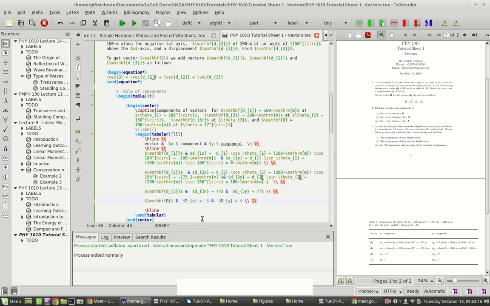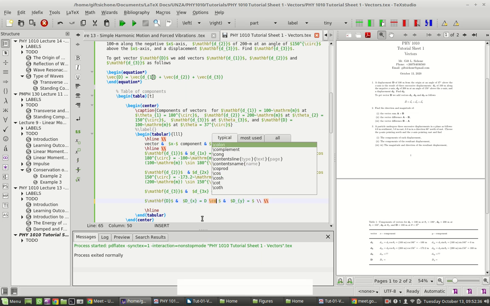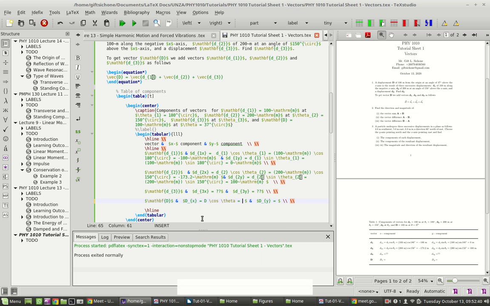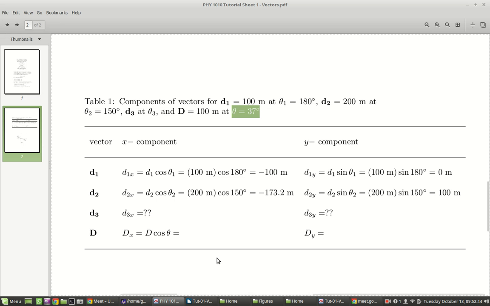So how do we find dx? We can use the fact that the vector D is a resultant. We get the magnitude of D multiplied by the cos of the angle it makes with the x-axis, like that, D cos theta.